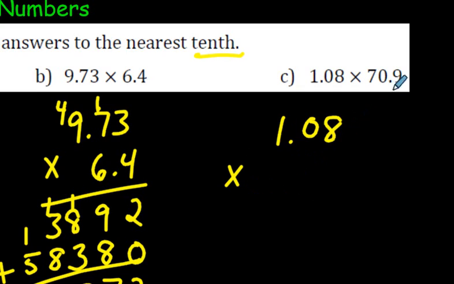Okay. 70.9. All right. Oh well, I guess it doesn't matter which way I write this. I often write the smaller number underneath, but we'll be able to get away with this.